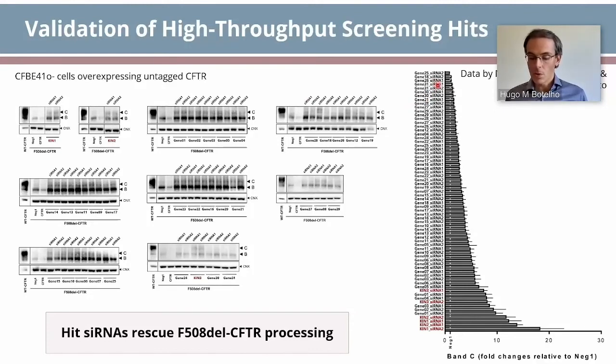We observed that almost all knockdowns generated robust increases in plasma membrane CFTR when compared with the non-targeting siRNA control represented by the dashed line. Interestingly, some of the largest rescues were observed when knocking down the 3 kinases, kin1, kin2, and kin3.